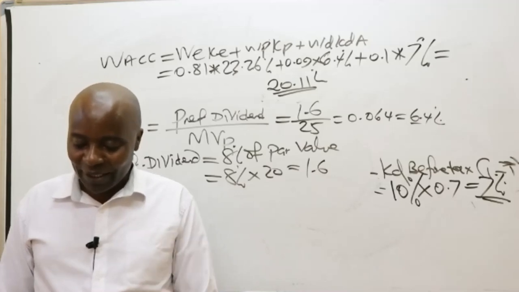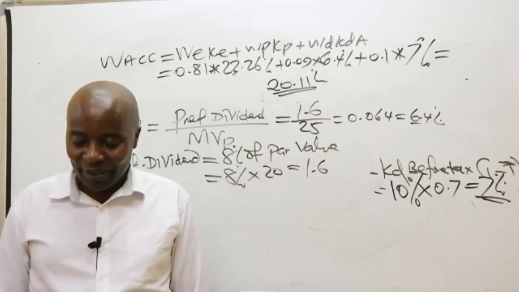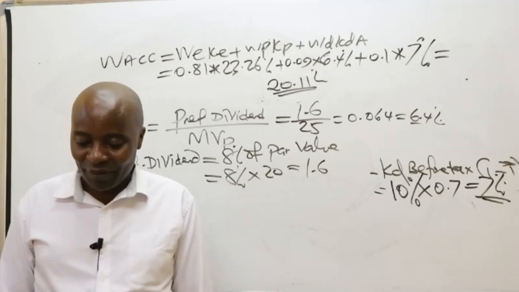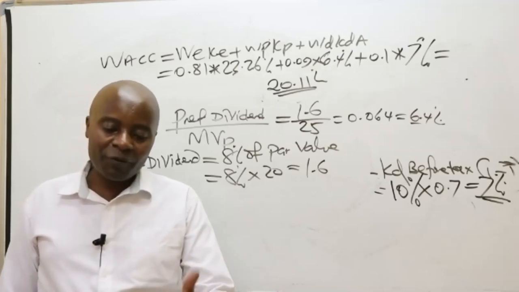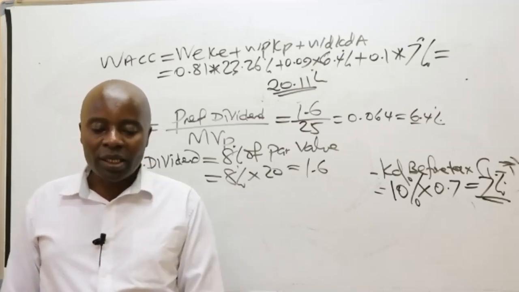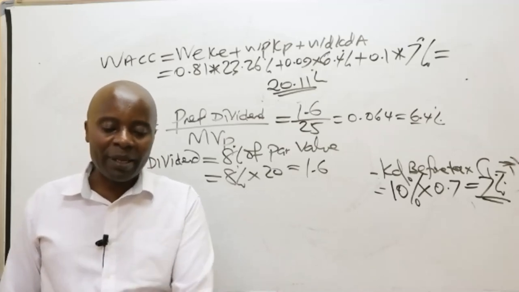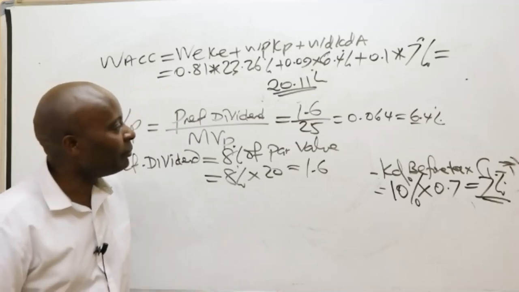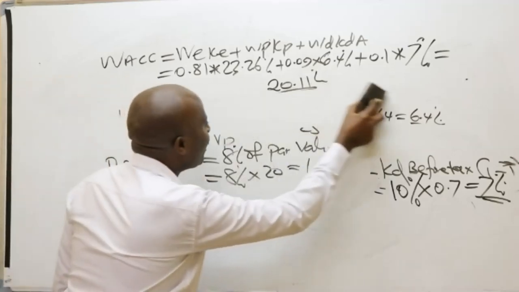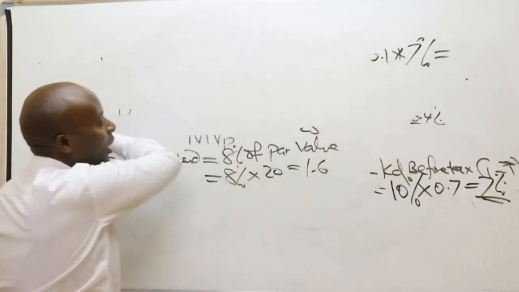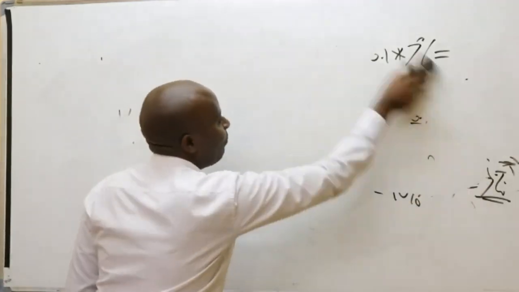Beatrice, thank you very much. Beatrice has remembered something there very much. RADR is a formula, ladies and gentlemen, not unless you are told otherwise. RADR formula ni CAPM. Not unless you are told otherwise. RADR formula is CAPM's formula.